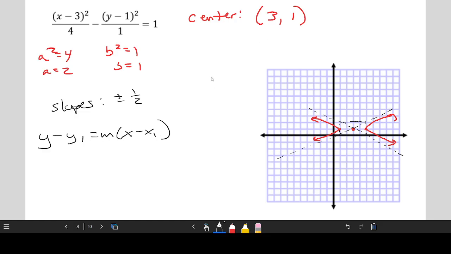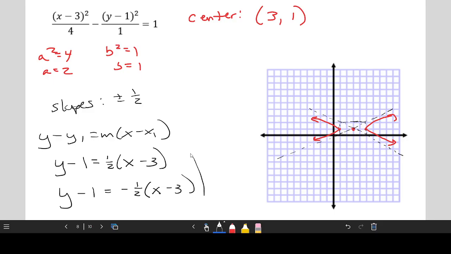So x1 is going to be 3, y1 is going to be 1, and m is going to be 1/2 for one of the lines and negative 1/2 for the other line. And if you need to write those in slope-intercept form, you can do that. We've practiced that before. You just distribute the slope and then add the 1 over at the end. But I'm a little tight on space, so I'm not going to do that.